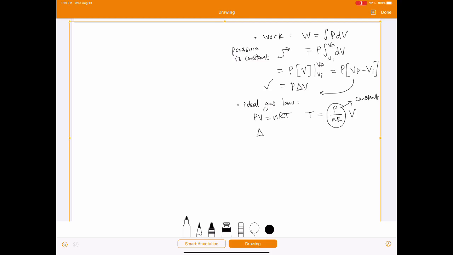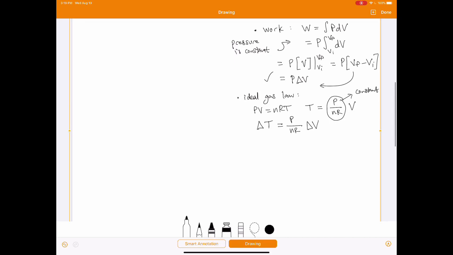That means delta T, the change in temperature, can be written as P divided by nR times delta V, because temperature and volume are directly proportional to one another if you're holding the pressure constant.